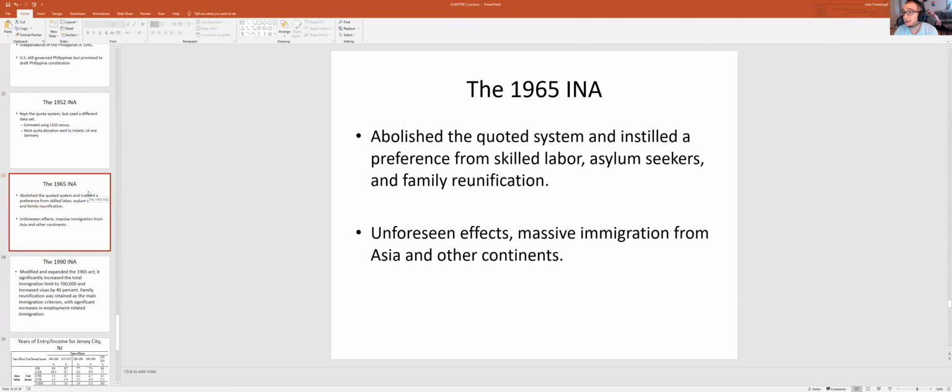But it also instilled a preference for skilled labor. And so workers with skills were given priority as far as U.S. immigration was concerned. But it also favored family reunification. And family reunification, for example, was not included in the annual limits. So for example, say 1 million people for the year emigrated to the US, and then those 1 million people were able to bring 4 family members each, right?